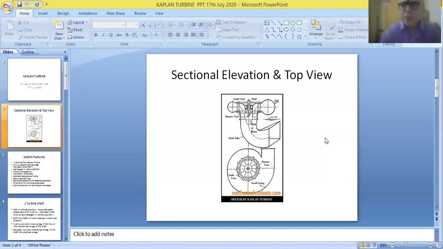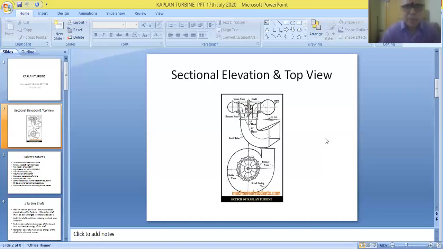Straight draft tubes are suitable for operating Francis turbines, but bent draft tubes are very, very essential for operating KAPLAN turbines. So here, for operating a KAPLAN turbine, a draft tube is bent in the form of an elbow. So therefore, it is called an elbow type draft tube.